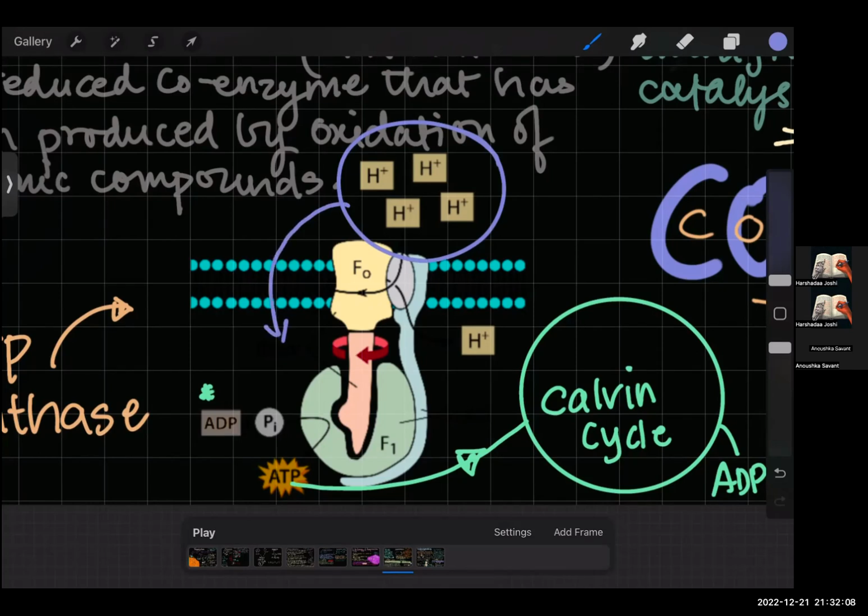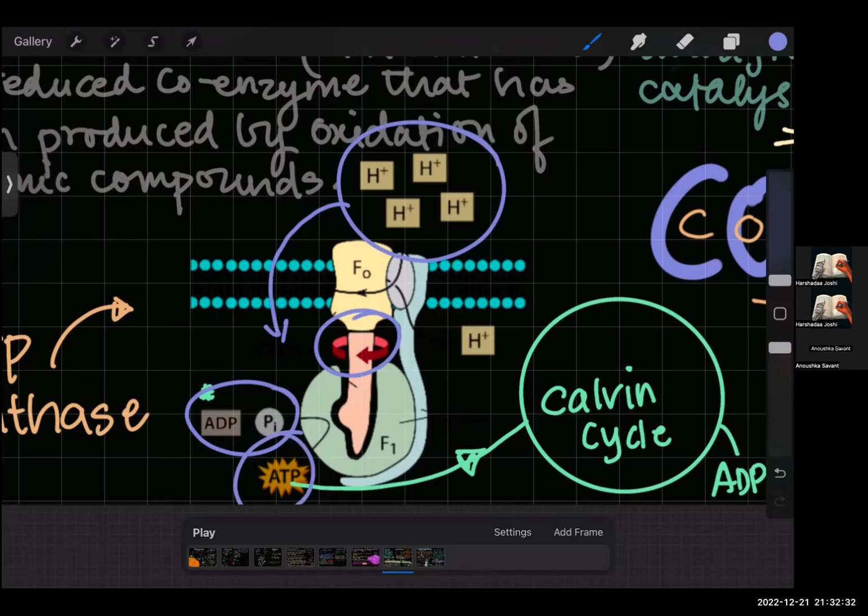When they move in, every single hydrogen that comes in is going to turn this particular ATP synthase in a particular twist. As it moves, what it does is take this ADP and inorganic phosphate and churn it around and turn it into ATP.